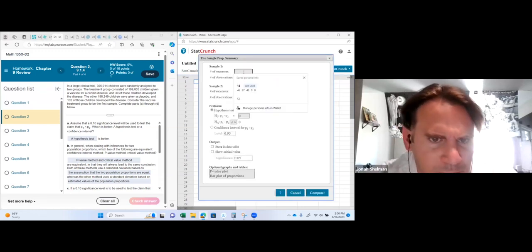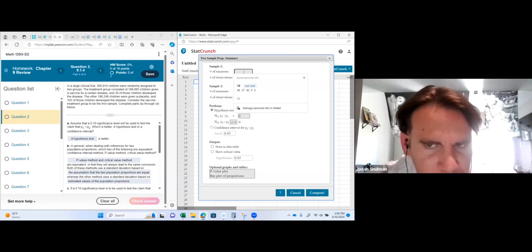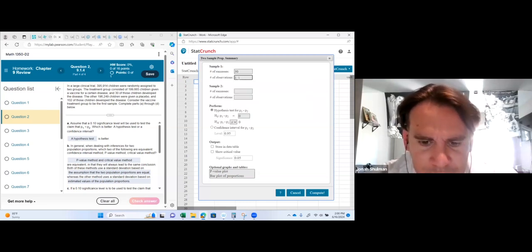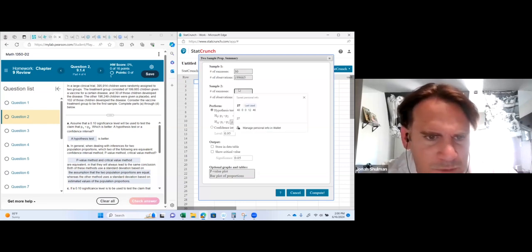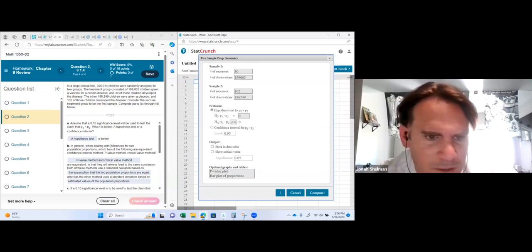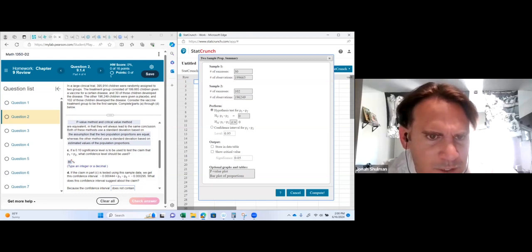All right, so the number of successes in sample 1 is 30, and we have a number of observations, which is 199,665. And then for sample 2, the number of successes we've got is 102, and we got 196,249. And we're doing that.